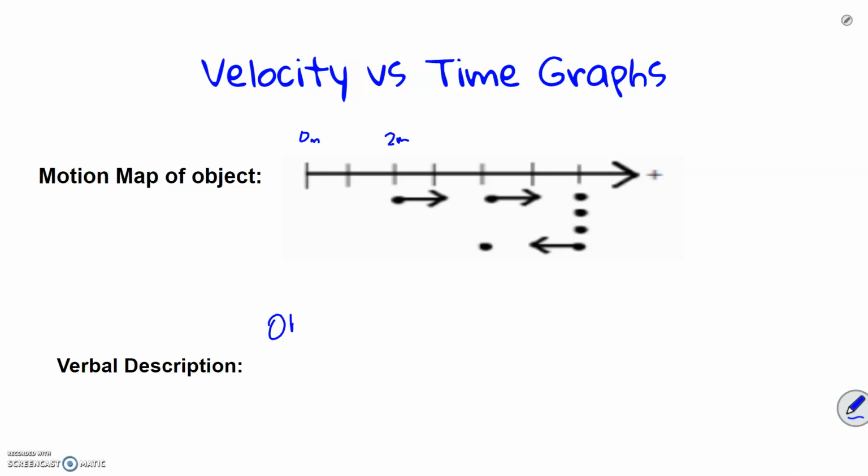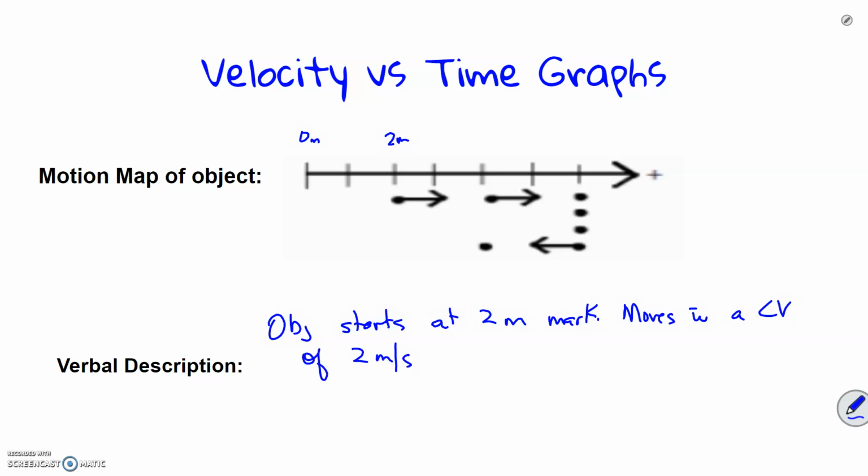So the object starts at the 2 meter mark, moves with a constant velocity of 2 meters per second, and that's positive, so we know it's in the positive direction, for 2 seconds.